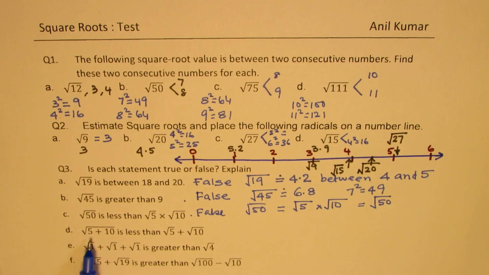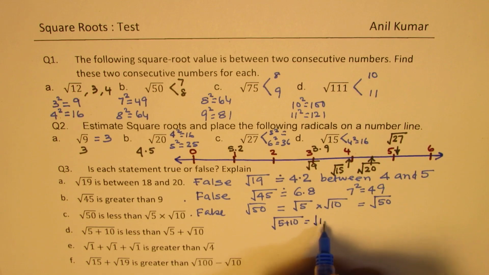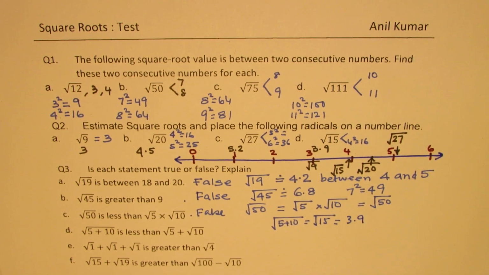Now we have square root of 5 plus 10, both in the square root, is less than this. Let's estimate. Square root of 5 plus 10, which is square root of 15, is, let's say, 3.9, correct?